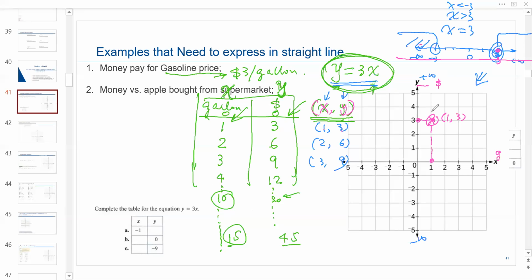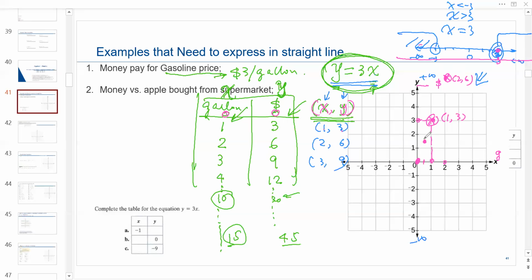All right. So you fill 1 gallon, you pay $3. You pay 2, you get $6. So actually it's right here. If you buy 0 gallons, you pay $0. Actually, it's right here. If you pay half a gallon, you need to pay $1.5.